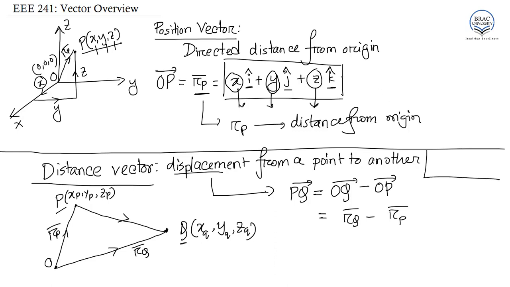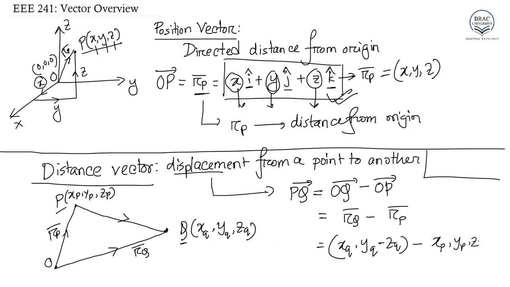Okay, here, let me tell you another thing. Whenever we have a point that we know the coordinates of, we can write the position vector in this notation, or we can write it as this notation. All right, the notation won't matter that much. So if we write RQ to be XQ, YQ, ZQ, and RP as XP, YP, ZP, then only the like components will cancel each other, right?